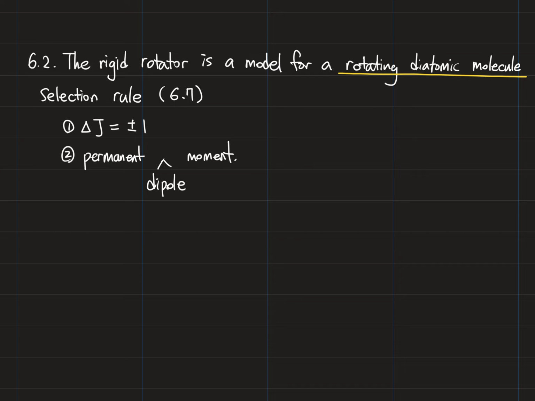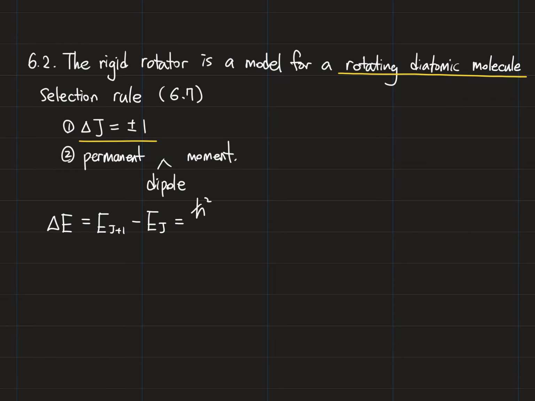So anyway, with this selection rule, we are going to calculate the energy difference, delta E. Let's assume that we are talking about absorption. So the final energy level should be E_(J+1), and the initial level should be E_J.